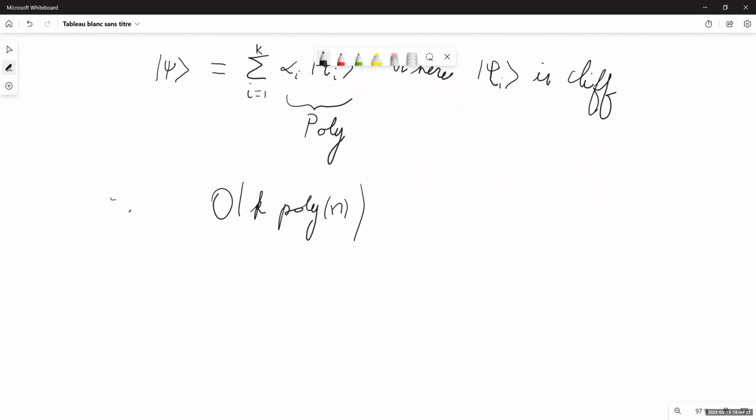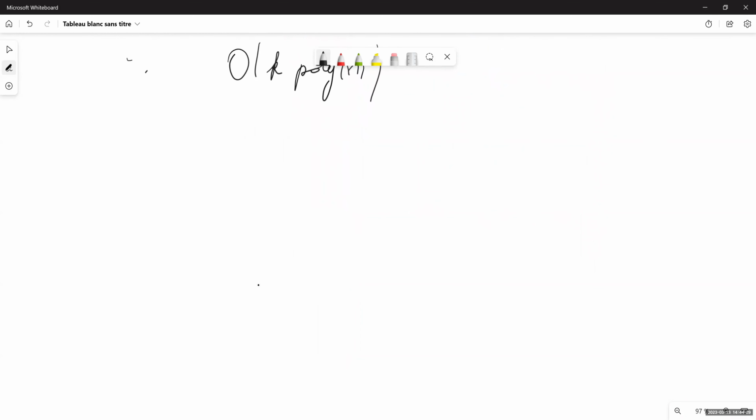The ZX version is nice, with a really visual intuition to it. Whenever you have a pi over 4, like a T gate, you can decompose it almost by definition into a red spider plus e to the i pi over 4 times the red spider with a pi.